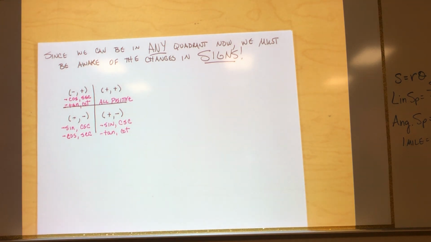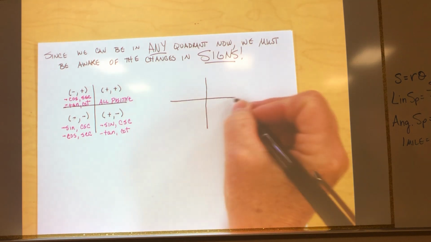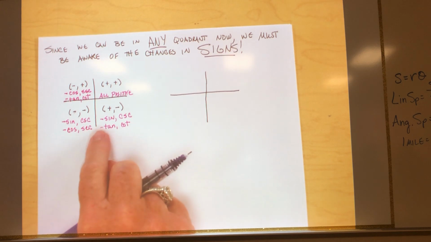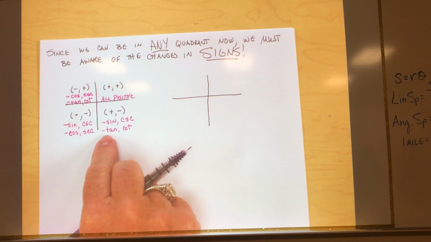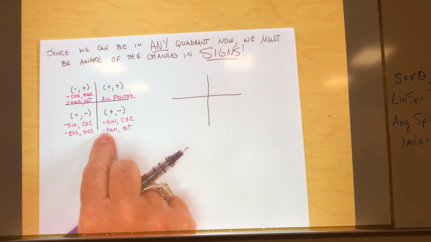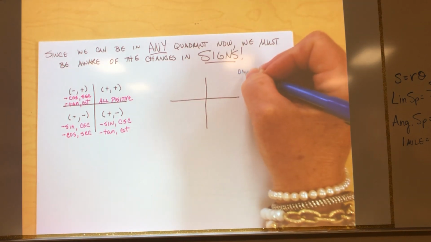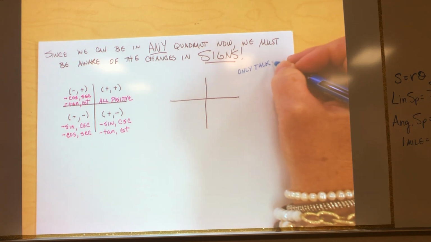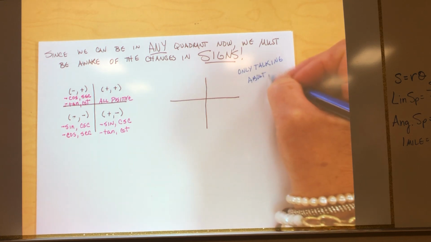Now, would you like for me to show you a nice cool way to know it? Sure. Really easy? You want the difficult way? If you want the difficult way, this is it right here. I don't like this because really, in this one right here, what are you talking about? Negatives. What? I don't like to talk about negative stuff, okay? So, we're going to only talk about the positives.